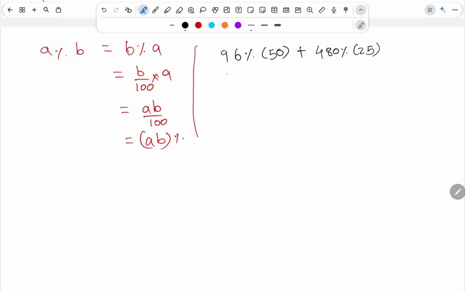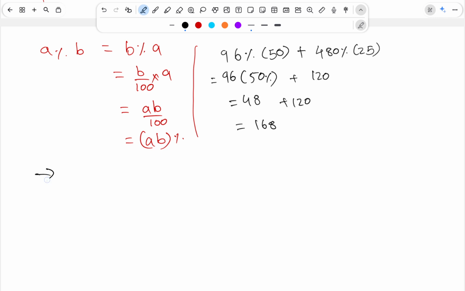But see, if I write the same number as 50% of 96, what is it? 50% means half. Half of 96 is 48. It becomes much easier than before. And also, 480 percentage of 25 percentage means 1/4. 1/4 value of 480 is 120. So plus 120. So total 168. It becomes easy.